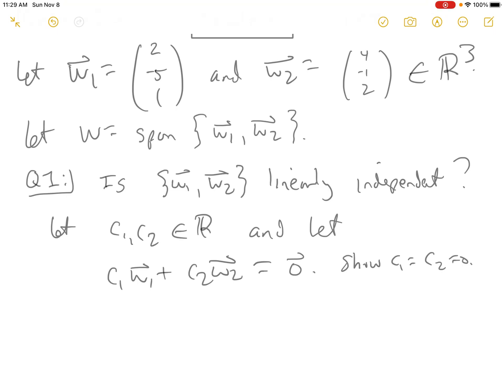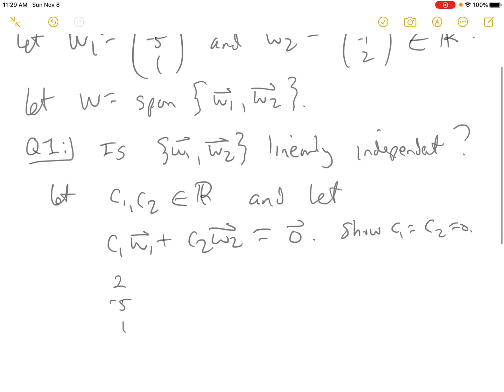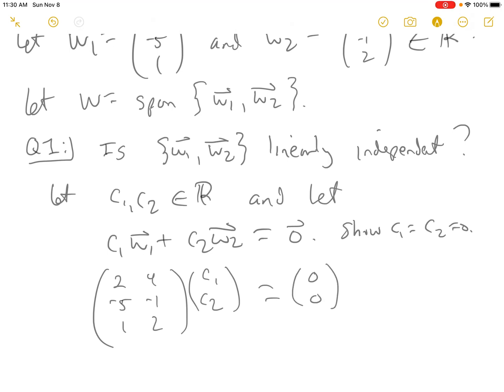So what that amounts to is taking the matrix 2, minus 5, 1, 4, minus 1, 2, multiplying it by C1, C2, and setting that equal to the zero vector.